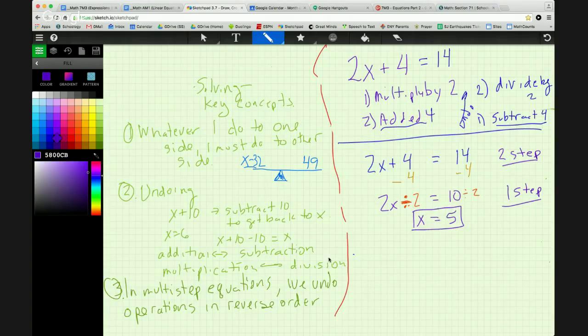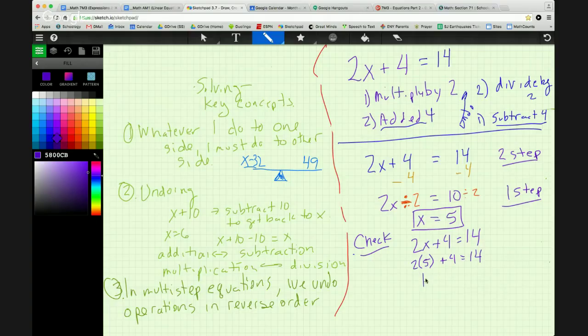Am I done? No, I'm not done because I have to check my answer. The way I check my answer is I write my original problem down again, 2x plus 4 equals 14, and I put my 5 in for x. So does 2 times 5, my x, plus 4 equal 14?